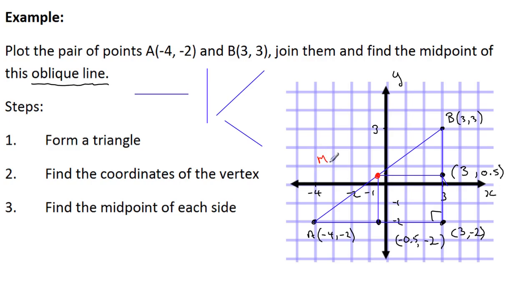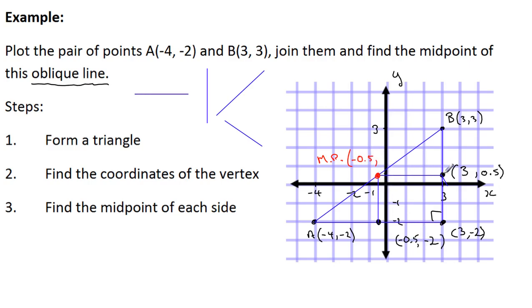So if I put midpoint here, let's see, the x value of this line is actually the x value of this point here, -0.5. So what do you think the y value would be?